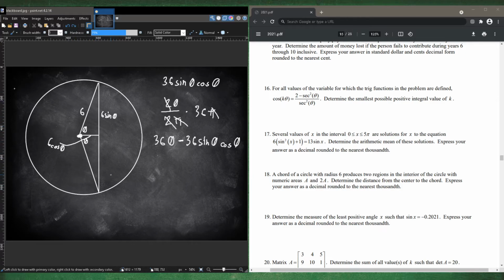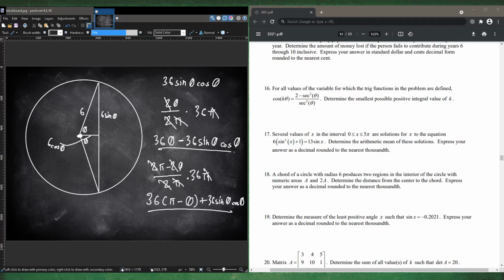This sector is the opposite, 2 pi minus 2 theta over 2 pi times the area, which is 36 pi, plus this area now. So we cancel out the 2's and cancel out the pi. So we have 36 pi minus 36 theta plus 36 sine theta cosine theta.